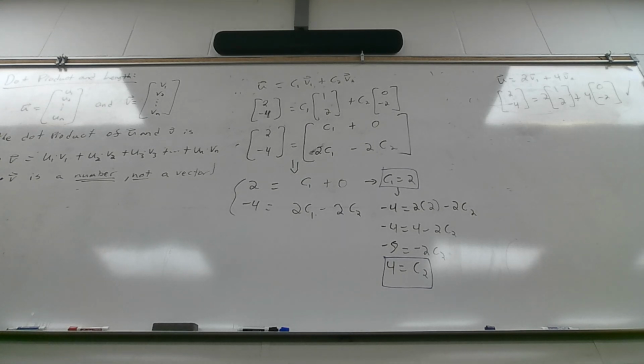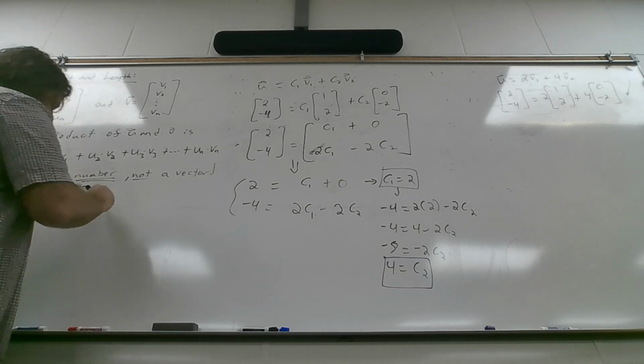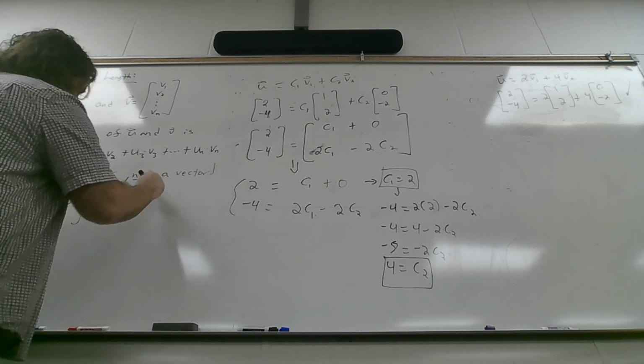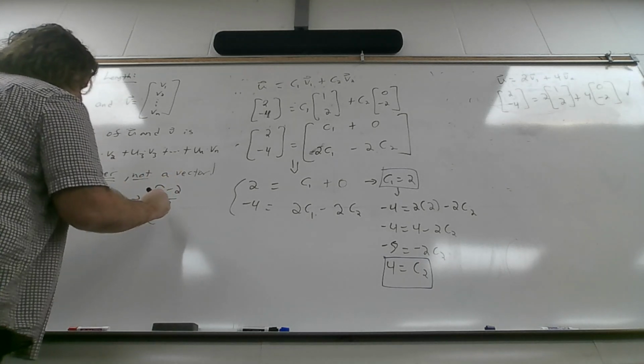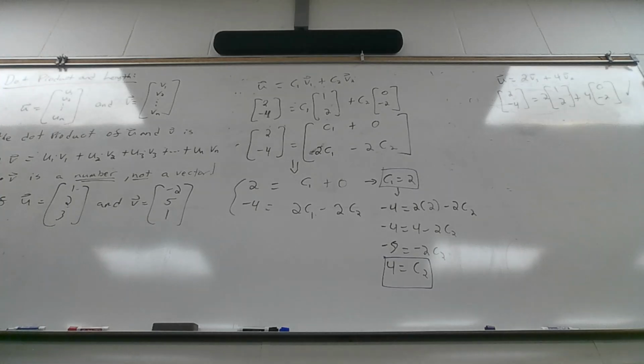So let's just do an example. I'll just write down some random stuff. If u is, I don't know, 1, 2, 3, and v is -2, 5, 1, then what's u dot v? Well, there is a formula for it, but the formula isn't really necessary.